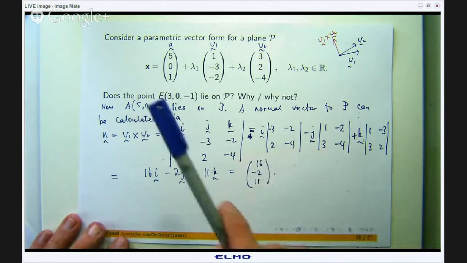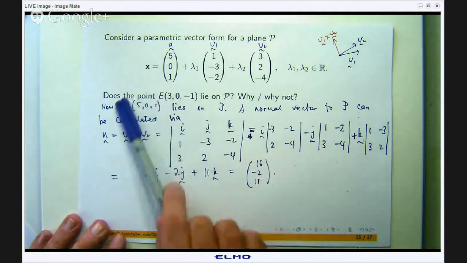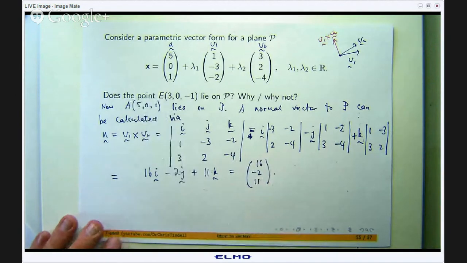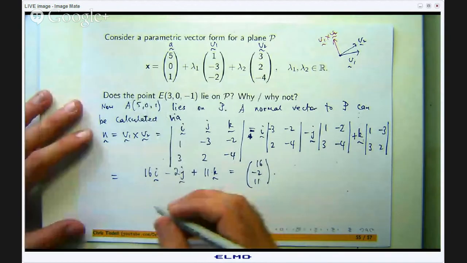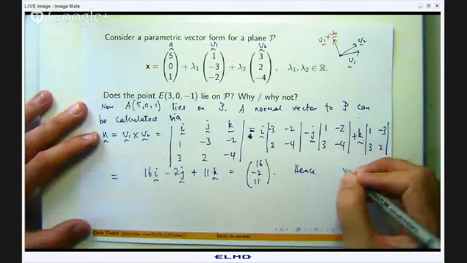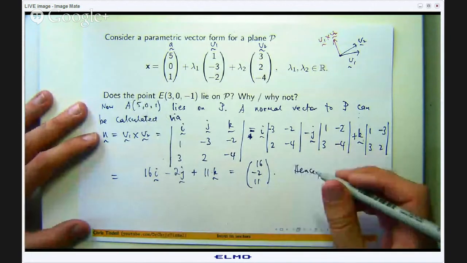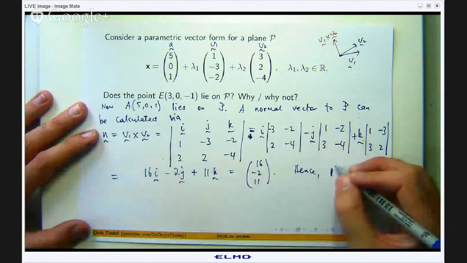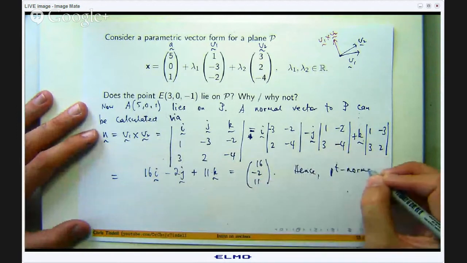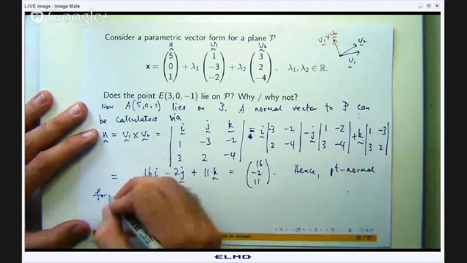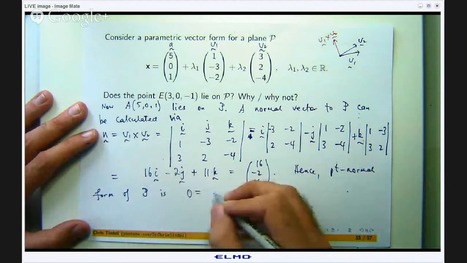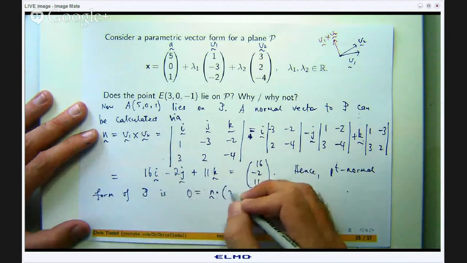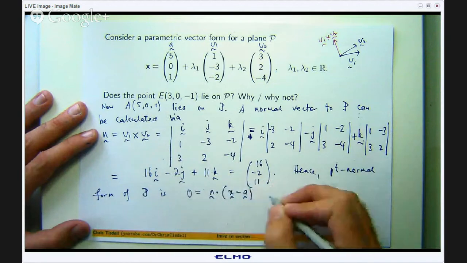Okay, we have got a point on the plane. We've got a vector that's normal to the plane. Now we can put the point normal form together. So it's 0 equals n dotted with x minus a.